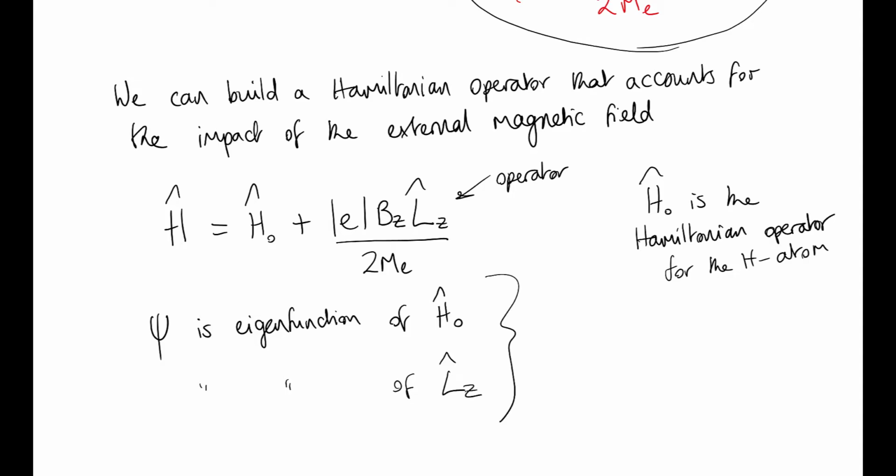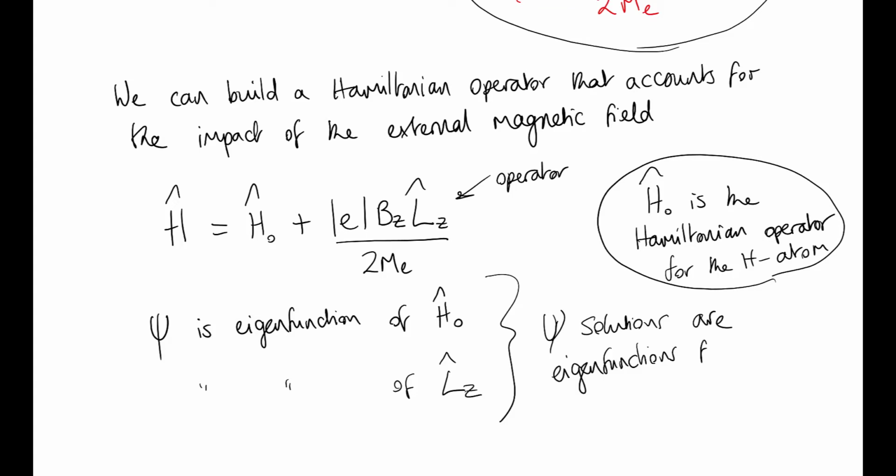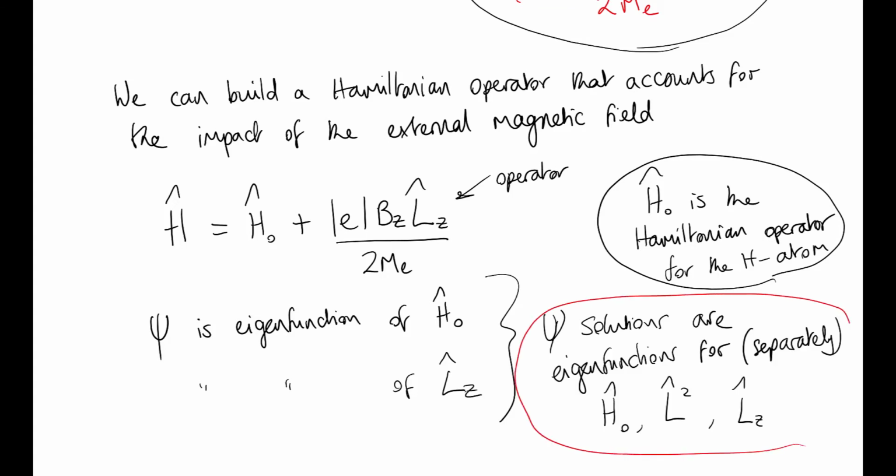So this means that all these wave functions are solutions. If it's a solution for the Hamiltonian operator for the hydrogen atom in here, then it must also be an eigenfunction separately for, we know, for L hat squared and for L hat z. So this is pretty important here.